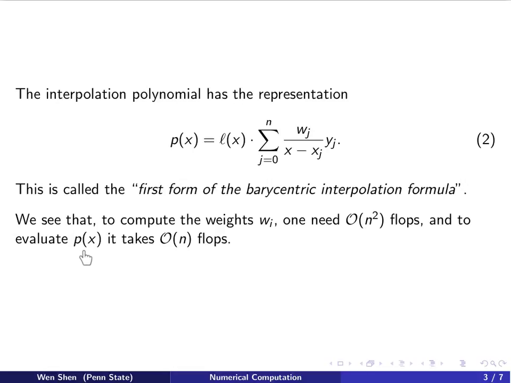And then to compute the p-value here, it's just of order n flops. So just to catch your attention, this form, the first form of the barycentric interpolation formula, I also obnoxiously give an equation number. I call it number 2.